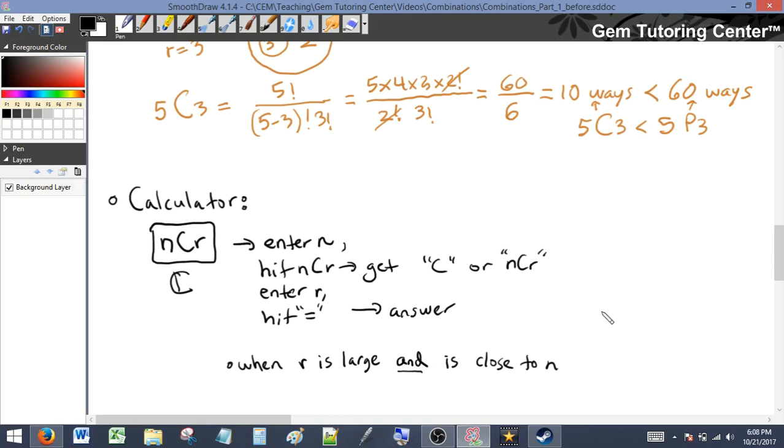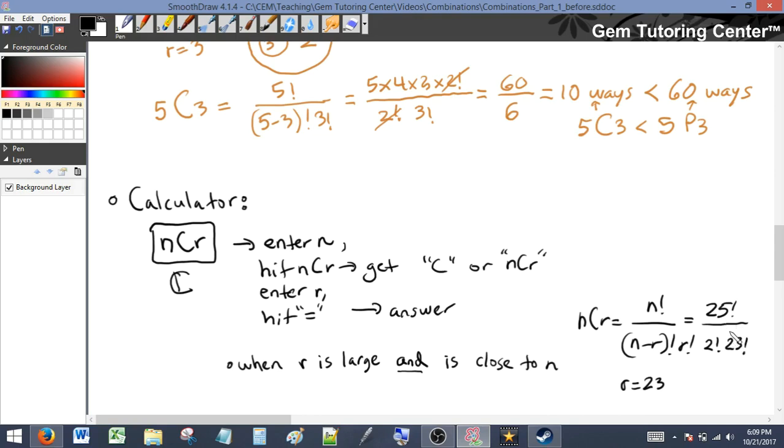And the reason why is this. So this is NCR. That's equal to this, right? So when r is close to n, let's say n is 25, and r is, I don't know, say 23, you're going to have 2 factorial here and 23 factorial here.